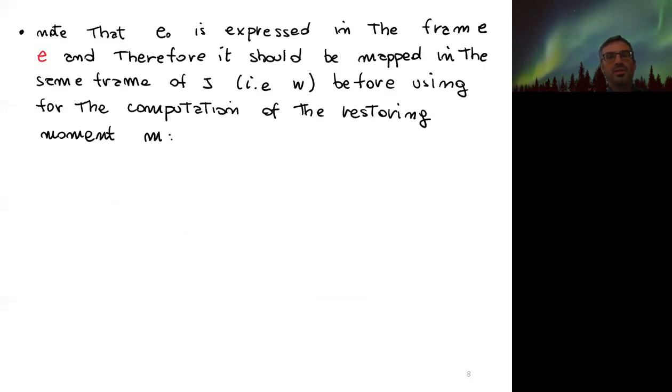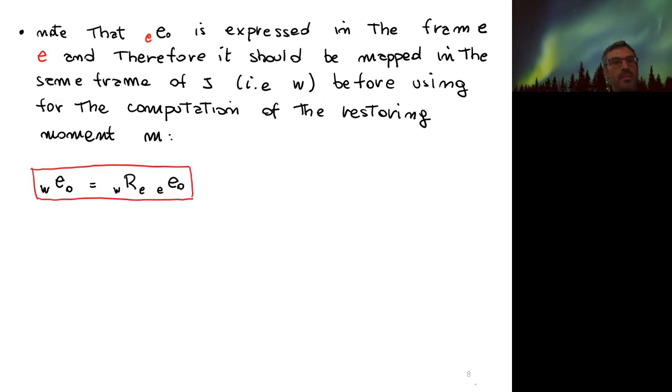Now, note that the orientation error is expressed in the frame E. So if we want to map it in the same frame where the Jacobian and the Jacobian transpose are defined, which is the world frame, we need to compute, for example, the restoring moment. We need to map this orientation error into the world frame.